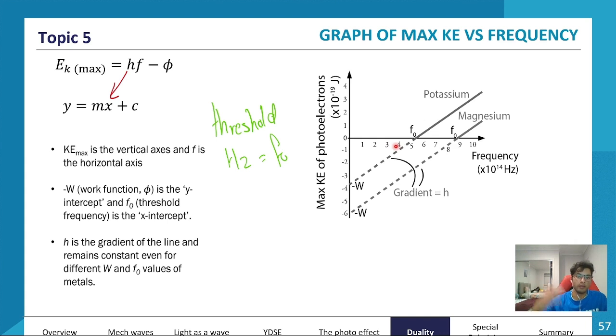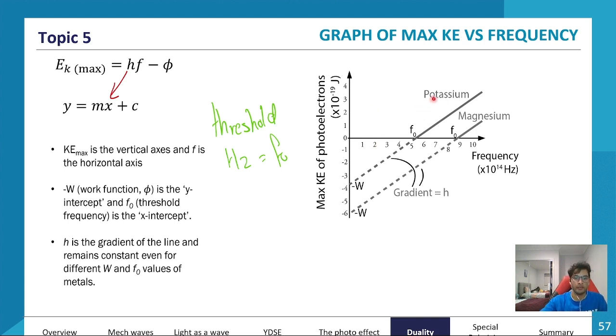Everything below this, the electrons don't have enough energy to get displaced. But after your light has more than 5 times 10 to the 14 hertz, photoelectrons are actually going to be emitted.